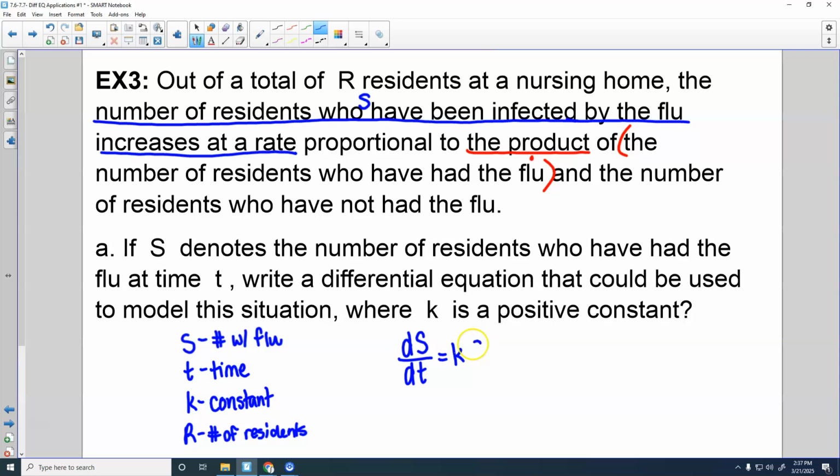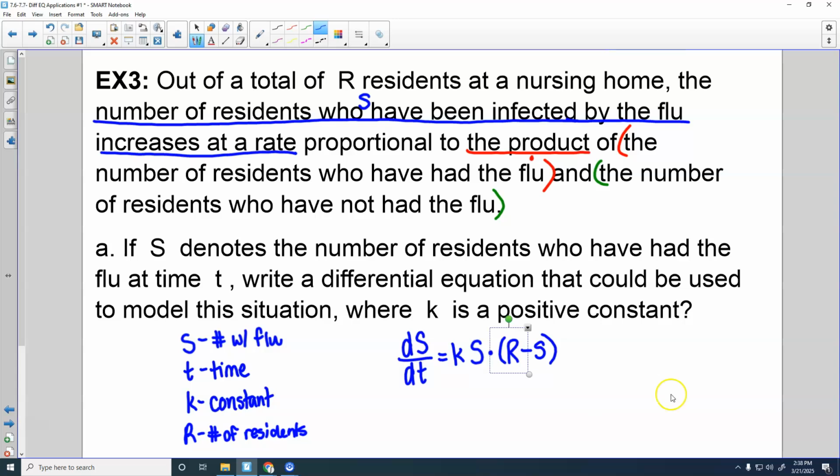That is S, and it's a product, so we need to multiply by the number of residents who have not had the flu. What's that going to be? R minus S, because R is our total number of residents, and you have either had the flu or you have not had the flu. So we take our total number and subtract the number who have had the flu.